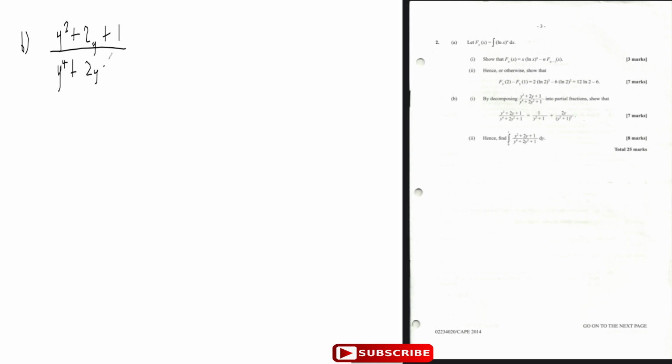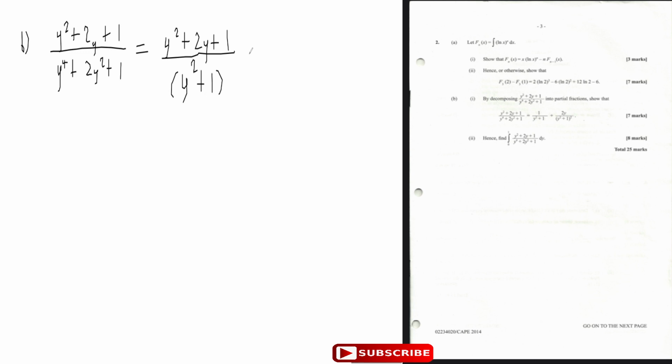That's the question that we have. First and foremost, I can rewrite this as y squared plus 2y plus 1 divided by, I can rewrite the denominator as y squared plus 1 all squared, because this is a perfect square.